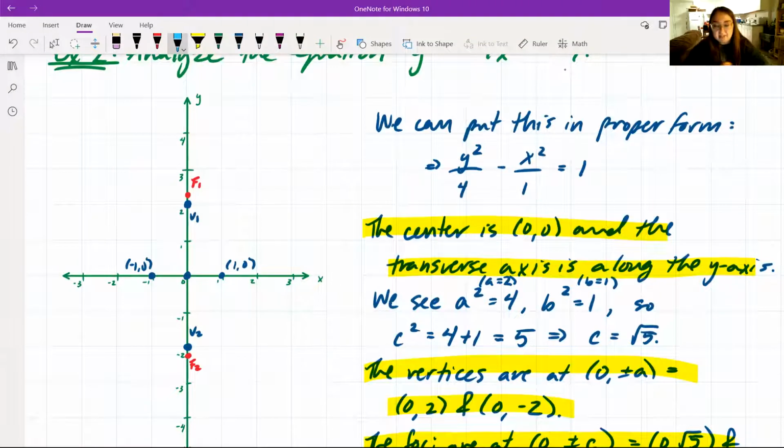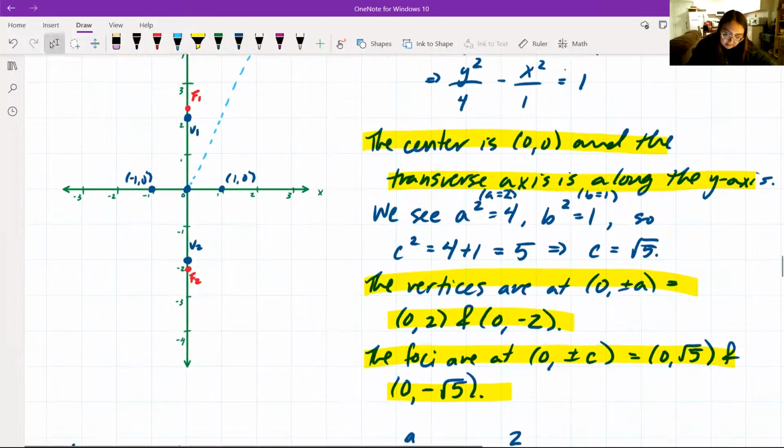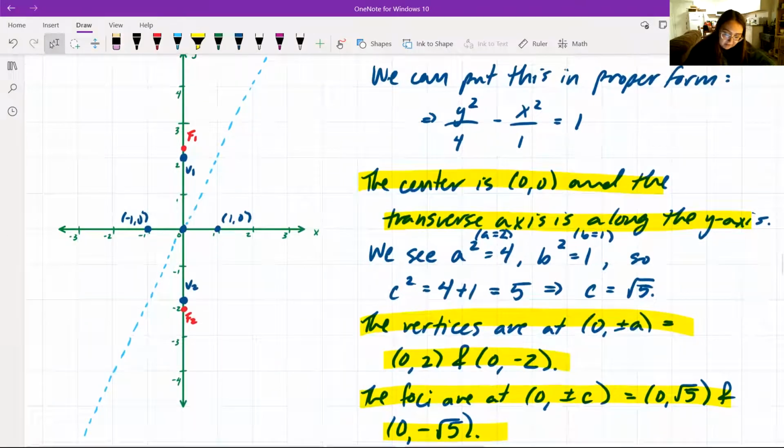When drawing lines of 2x, remember this is just going to be rise over run. So our asymptotes will be looking something like this. Then for negative 2x, we want to do the same thing.